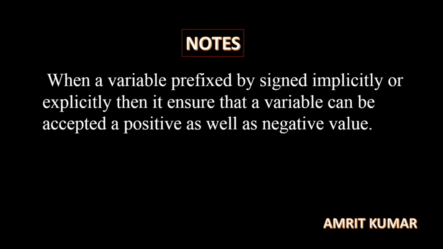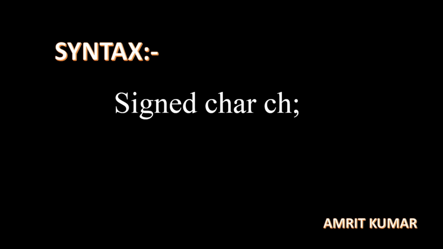Now moving on to the syntax, that is, how we can declare it. This is a very important thing, the syntax, because that is the thing which is going to run on your system, on the C compiler. Now finally, we have declared signed here, and this is a modifier.